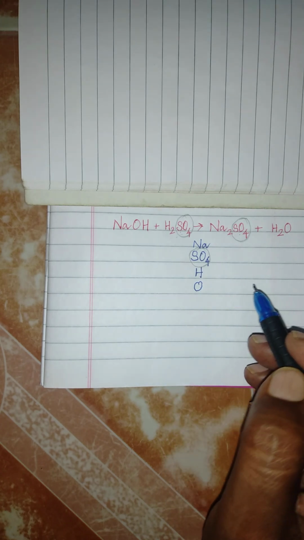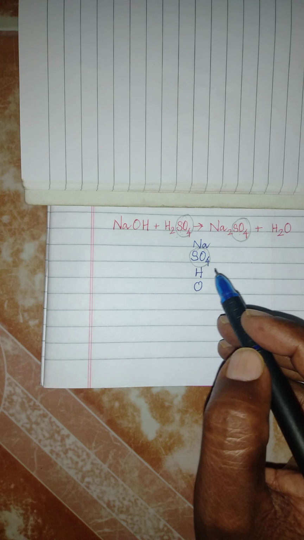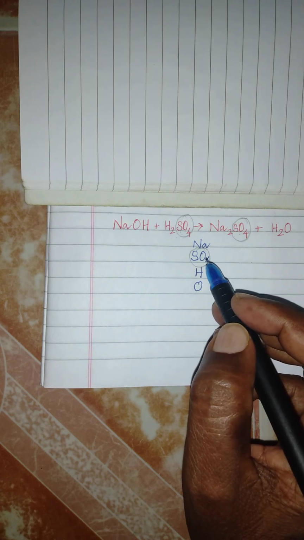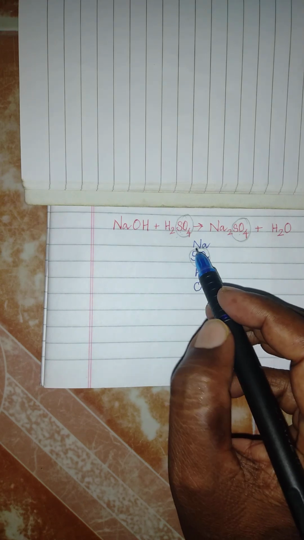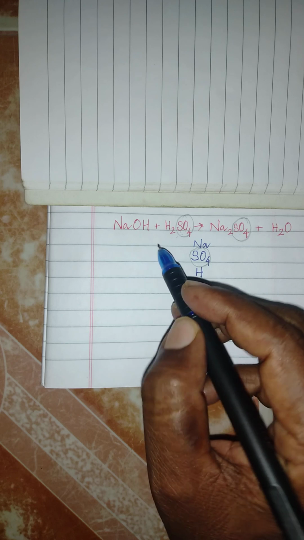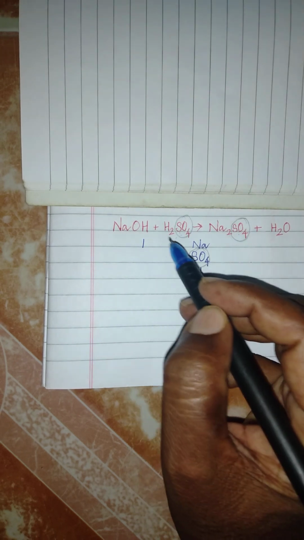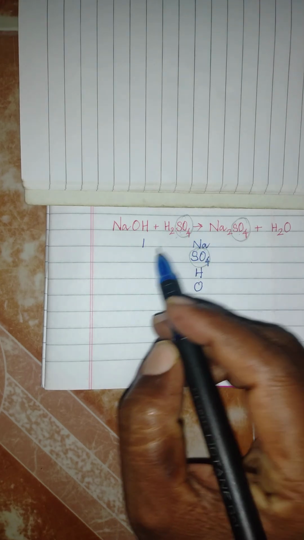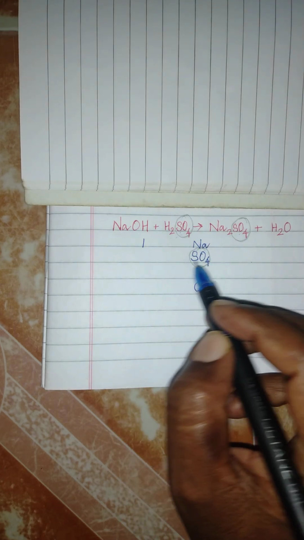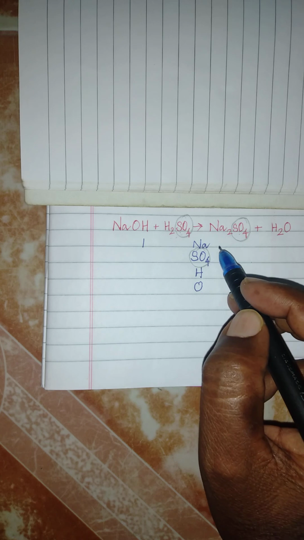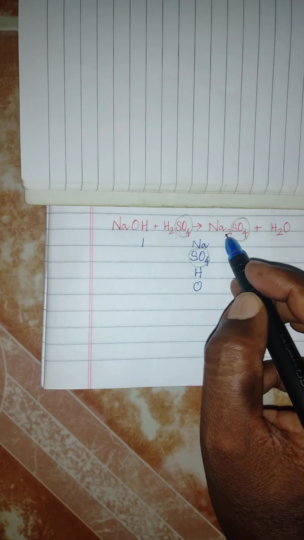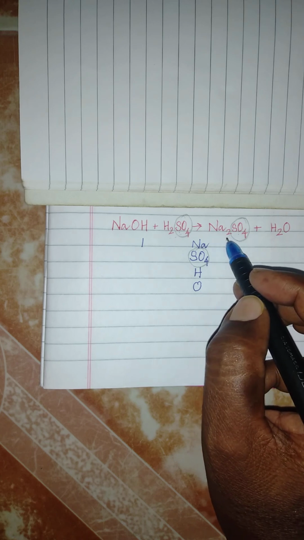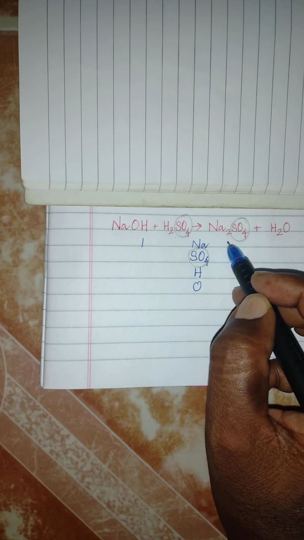So after writing this, on the left hand side, how many sodium atoms are there? Only one atom. On the right hand side, how many sodium atoms are present? After the sodium, the subscript 2 is there.